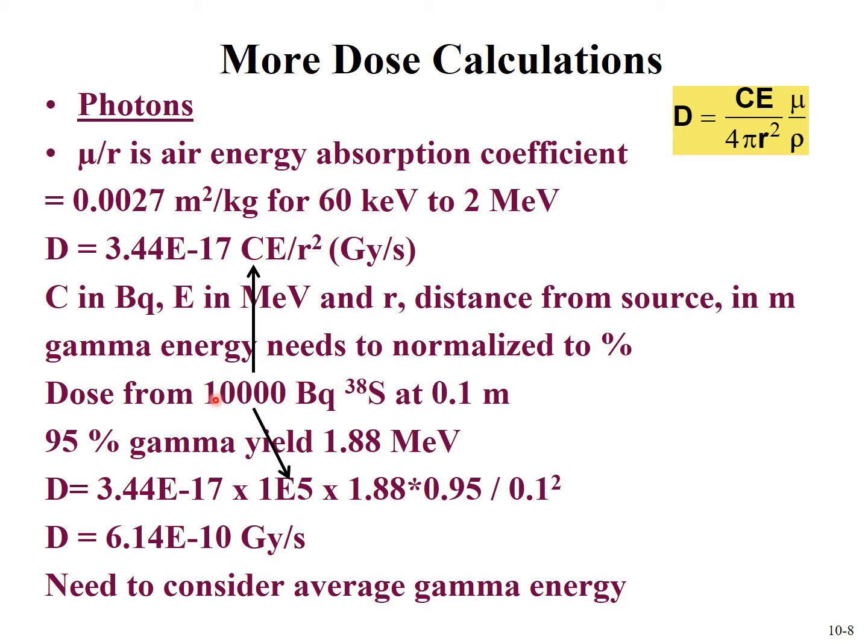So it's 10,000 becquerel. Then we need the energy, which is 1.88 MeV, and then we add the 0.95 to represent the 95% gamma yield, and we divide that by 0.1 squared, the distance in meters, and we get a dose of 6 times 10 to the minus 10 grays per second.